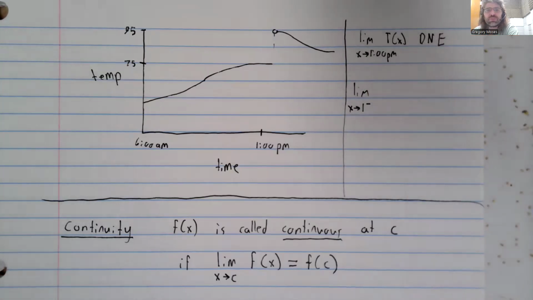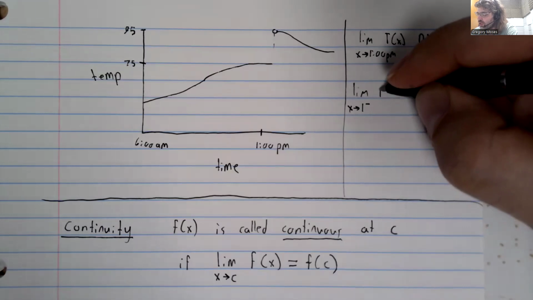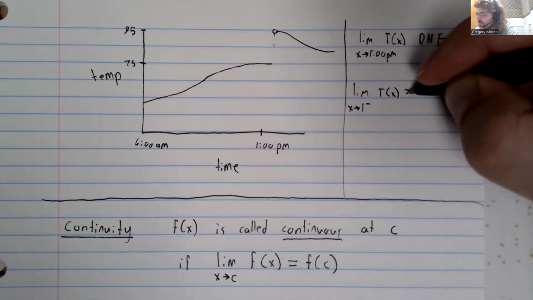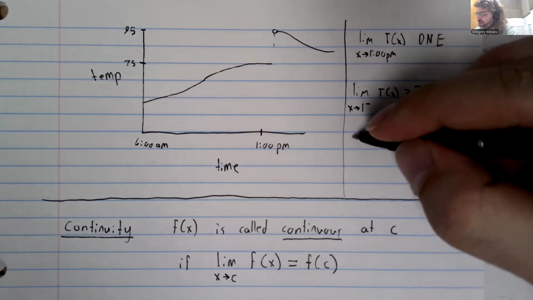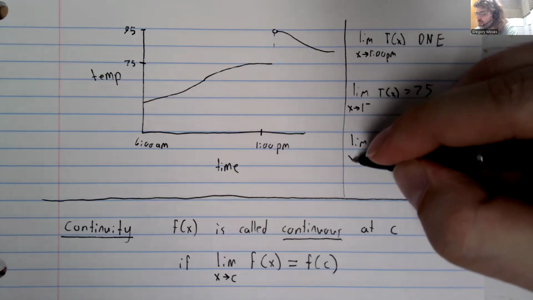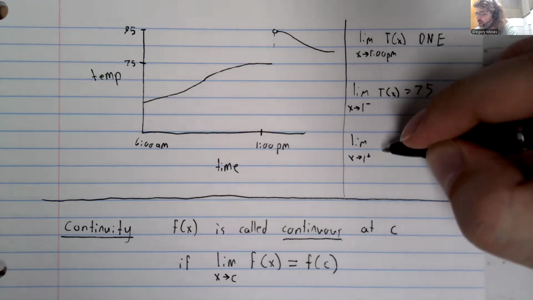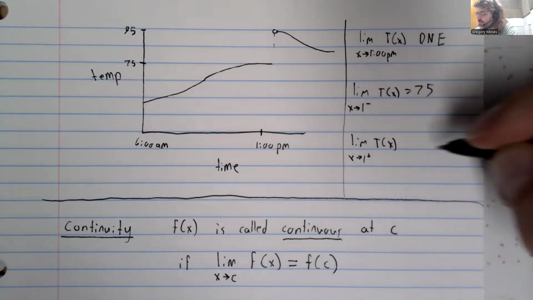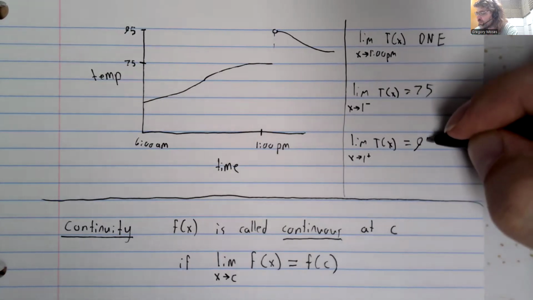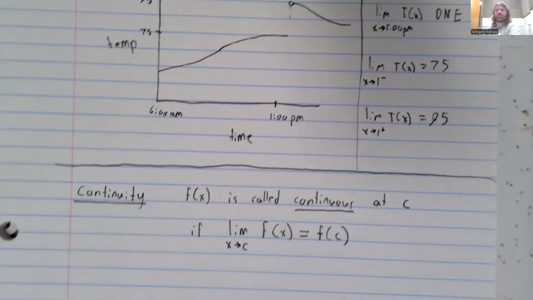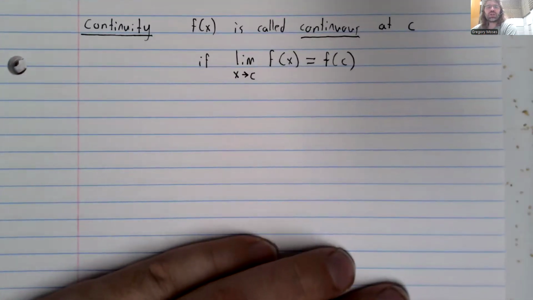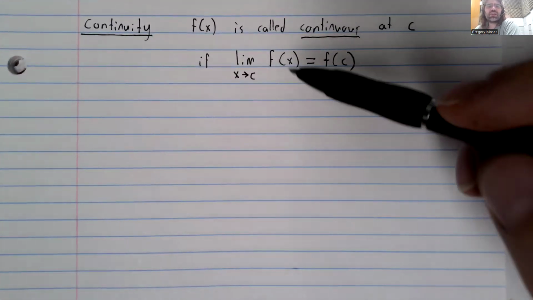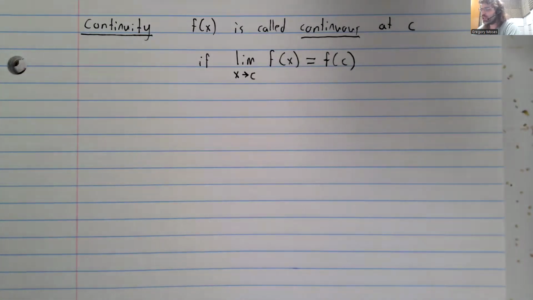The limit as we approach 1 from the left is 75. The limit as we approach 1 from the right is 95. So sometimes you see this definition of continuity broken into pieces.